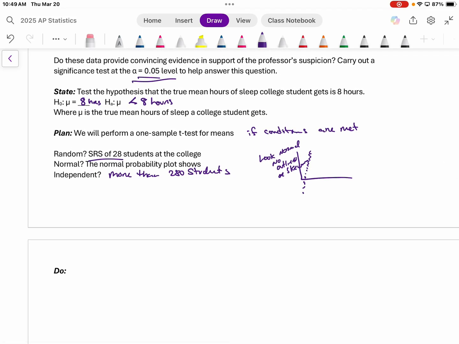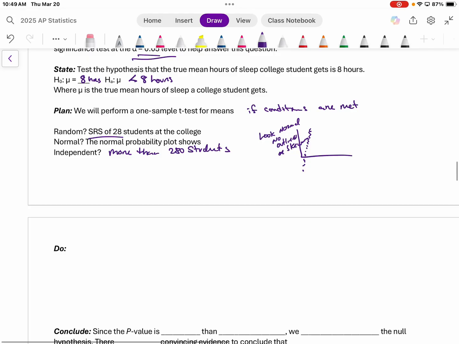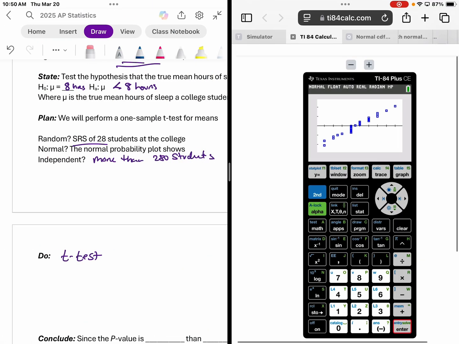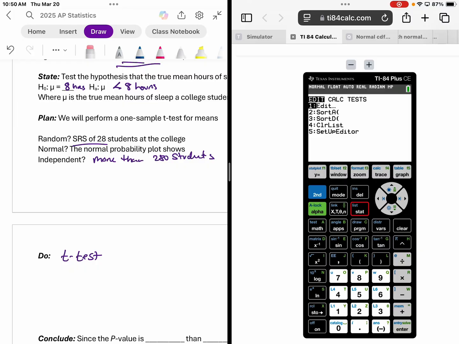So now we're ready to go through and do what we want to do. We're going to do a t-test in the calculator. So if I get the calculator back up on the screen just to speed things up a little bit, I'm going to go Stat, over to Tests, option number 2, and hit enter.